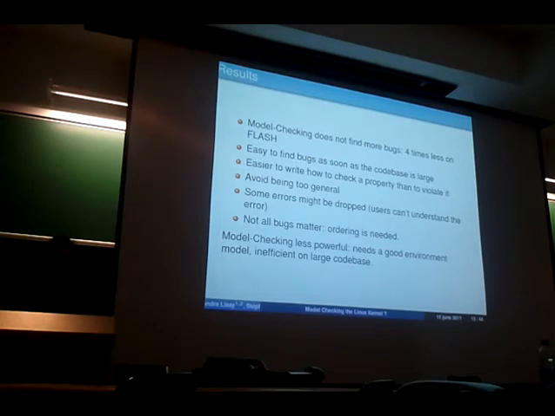In fact, it found four times fewer on the flash embedded system. I don't remember the figures for the other case, but it was also less than their static analysis technique.